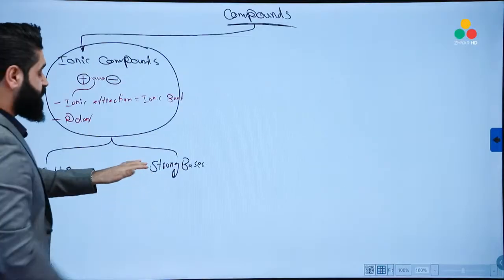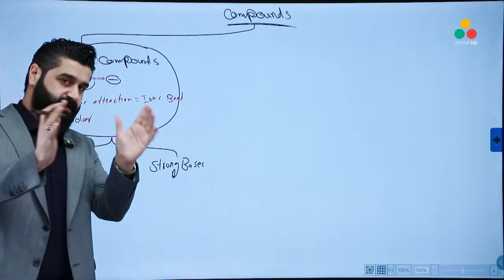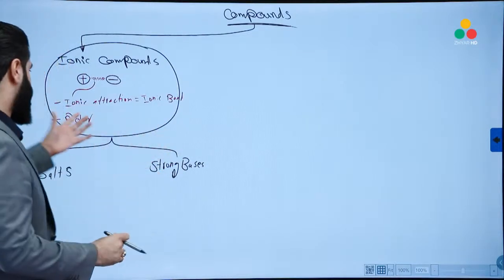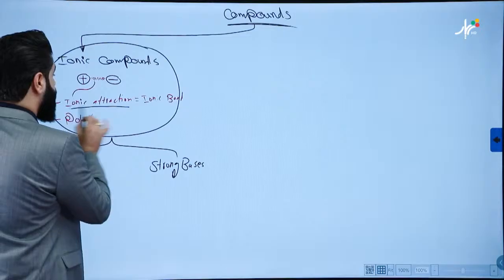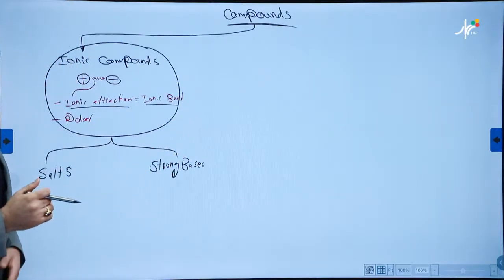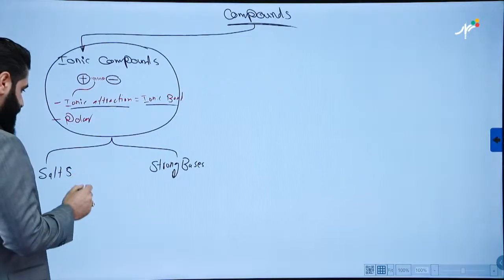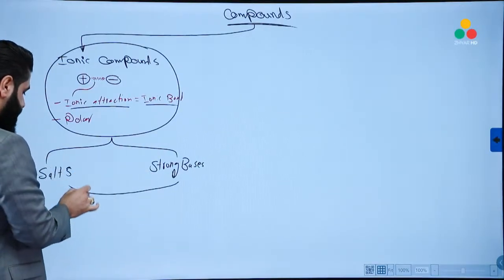Same thing is true for strong base: an ionic compound that contains a cation and anion assembled together through the ionic bond or ionic attraction. Be careful, ionic attraction and ionic bond are both the same, please. Okay. So both are electrolytes.